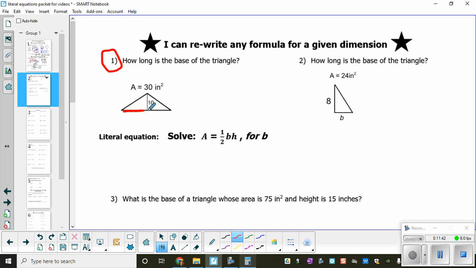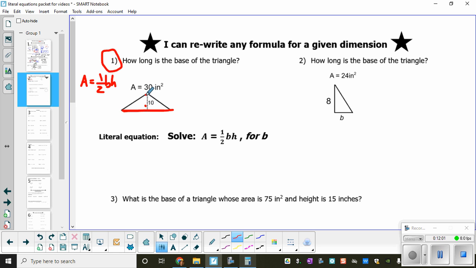I want to know how long the base of this triangle is if the area is 30 square inches. Now, you guys might remember that the formula for the area of a triangle is half the base times the height. So half of my number times 10 is a 30.